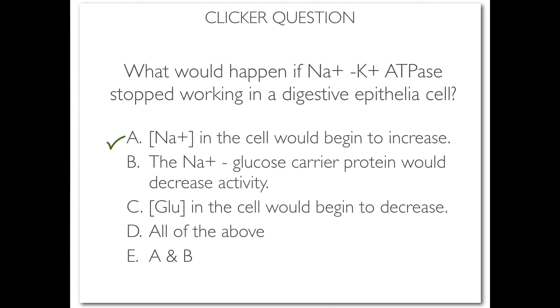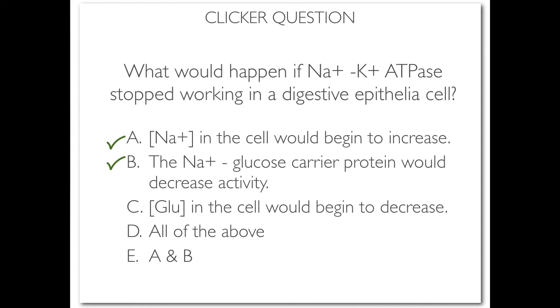And so we would expect an immediate effect on the concentration of sodium. But we're also removing the opportunity for secondary active transport, because it's that gradient that is driving the symporter that brings the glucose into the cell. And so B is also a decent answer.